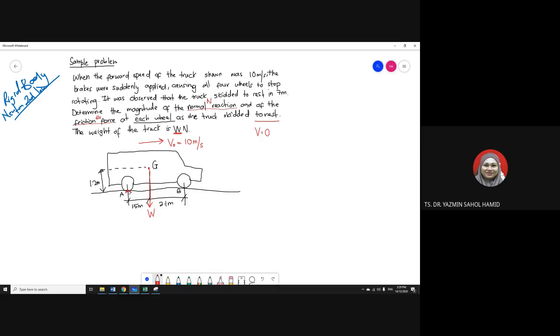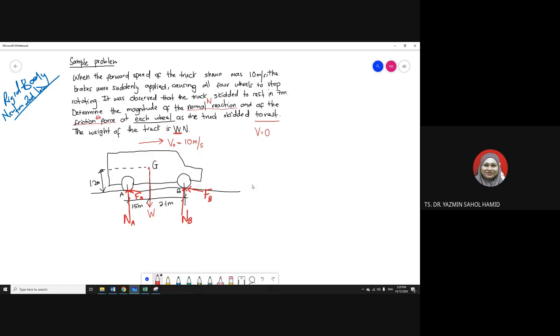This will be our normal force for wheel A, and then we have wheel B. Here it mentioned that the wheel has friction force. So if the car is moving to the right, the friction force will be in the opposite direction. So this one will be the friction force for B, and this direction will be the friction force for A.